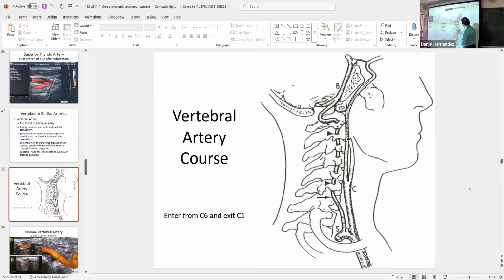Ideally, when you get your picture, you want to image in this area as it's passing through the vertebral columns. It's easier for the doctors to know, yes, this is the vertebral artery. Yes, you can image that smaller segment, more proximal, where it's not in that vertebral column, but you'd better be darn sure that you're imaging the vertebral and not another vessel.